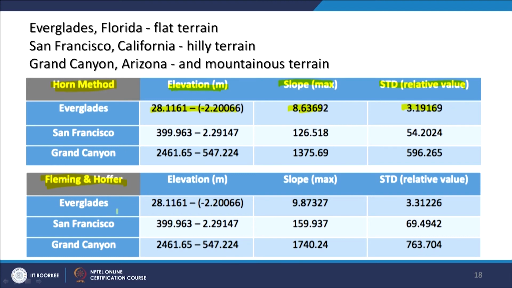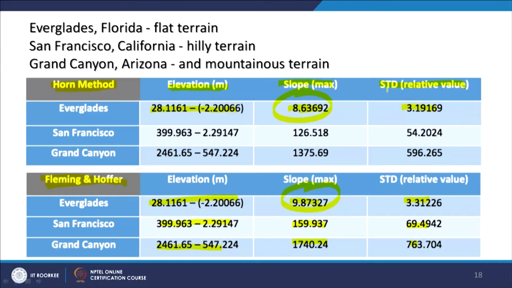Similarly, for the different regions the values vary, slope of course will vary, and the standard deviations are varying. If we compare this slope maximum with this slope maximum, as I also discussed in the previous lecture, the results are going to be a little different. Similarly, the deviation and relative values also show little variations.